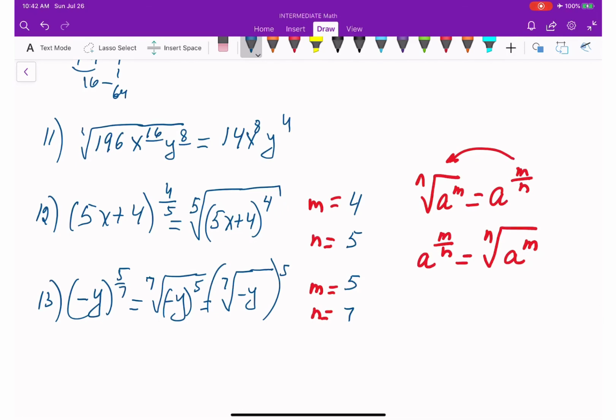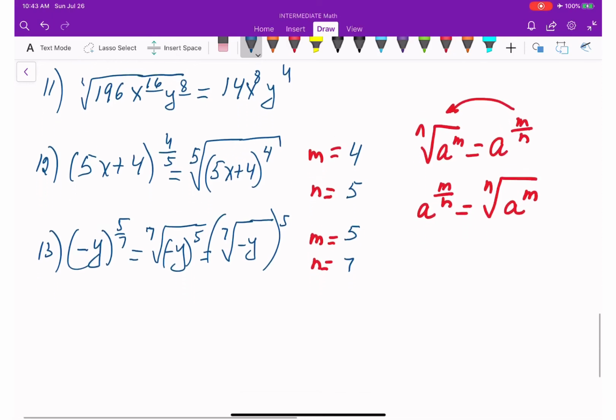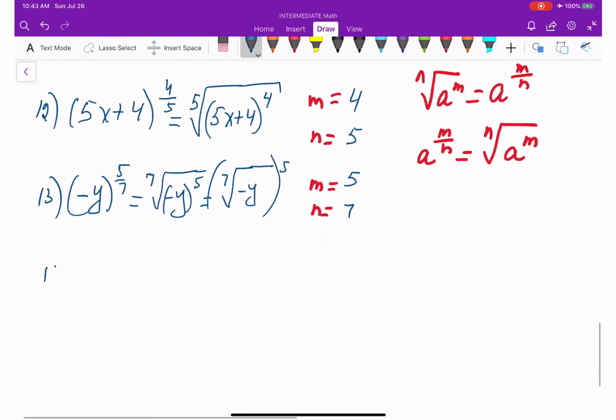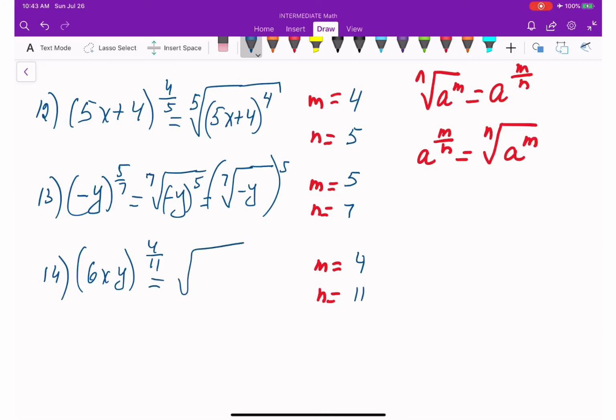Next, I'll solve 3 more questions and I will be done to make sure we understand well. So 6xy to power 4 over 11. All right. So how much is going to be my m here? My m is going to be 4, n is going to be 11, which means radical.